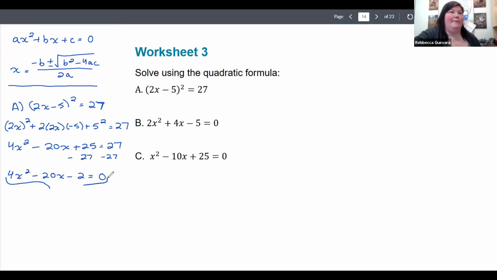All right. So if we take this and put it in the quadratic formula, we get x is equal to minus b. We got a negative 20 here, so we're going to have positive 20 plus or minus the square root of b squared. So 20 squared minus 4 times a, which is 4, c, which is negative 2, divided by 2a.